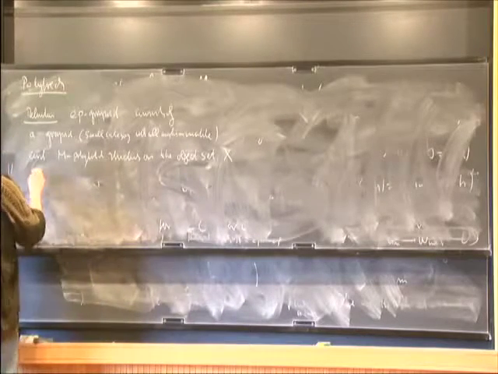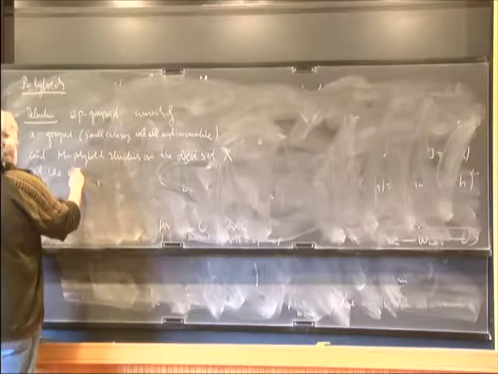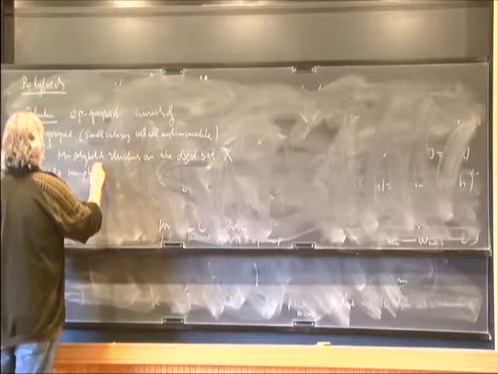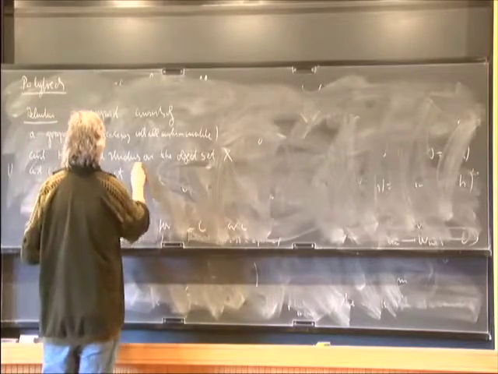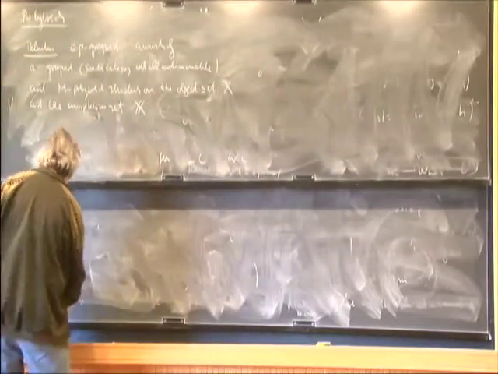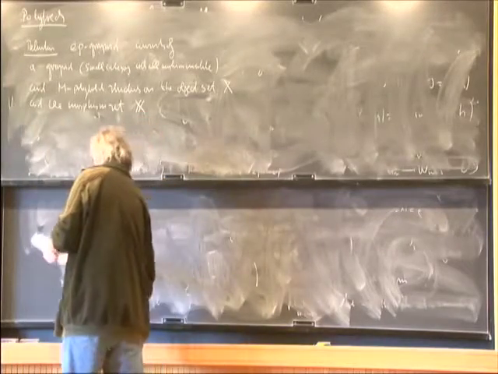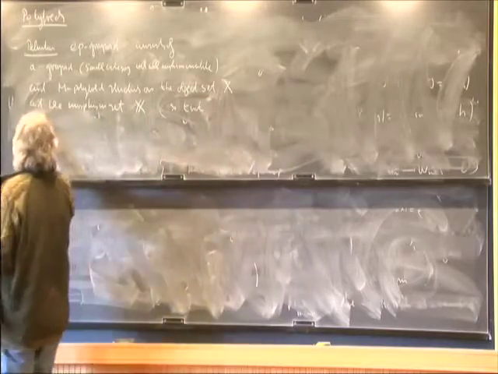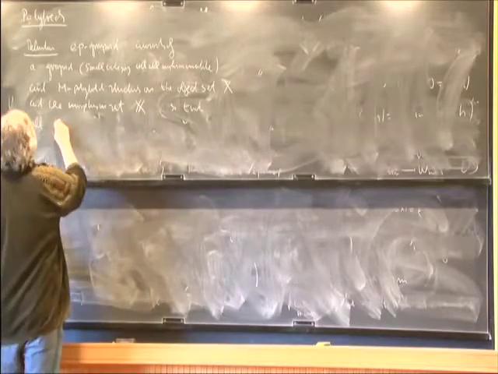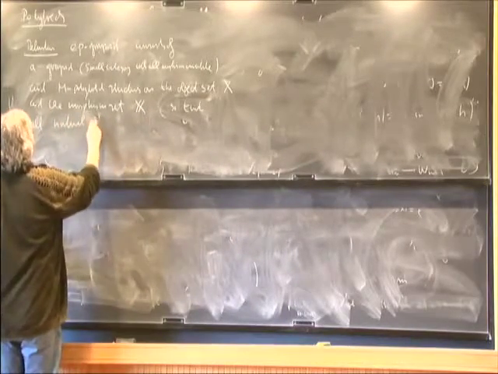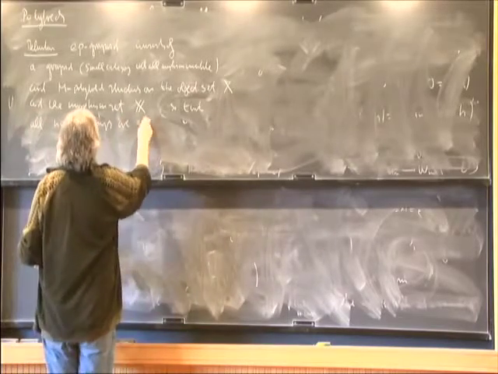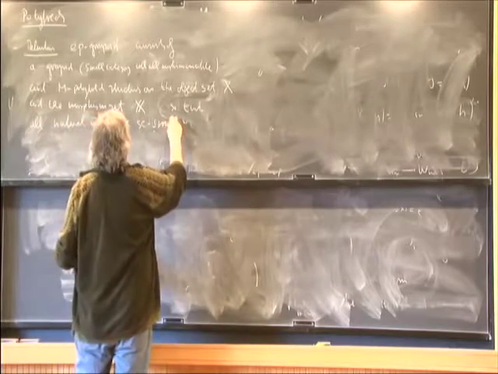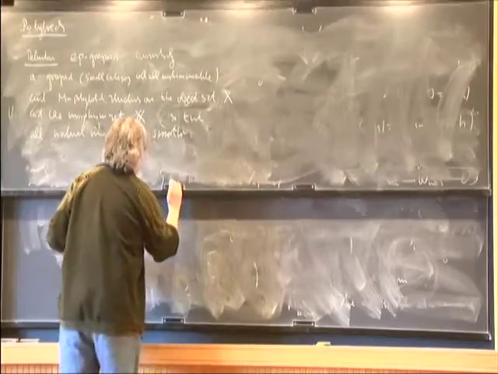Polyfold on the object set, and on the morphism set, say, boldface X, so that all natural maps are SC smooth. So let me write separately what the natural maps are in a groupoid.